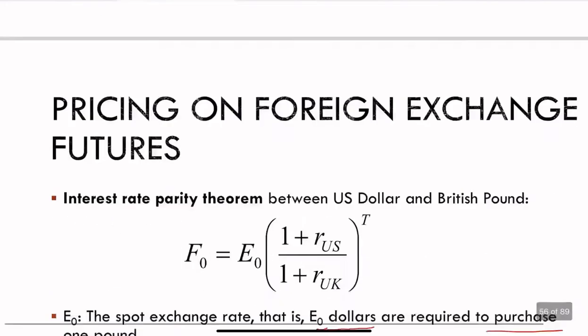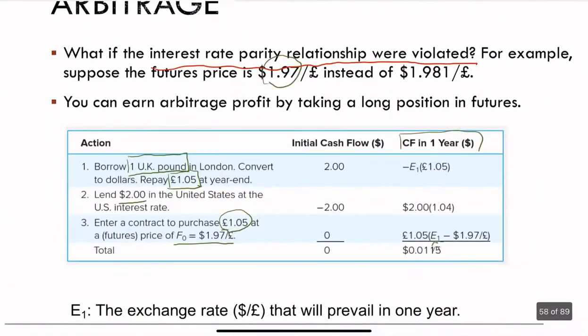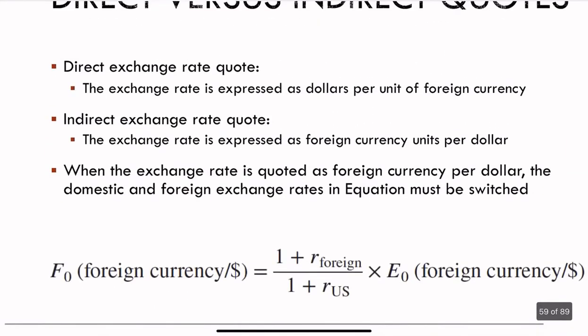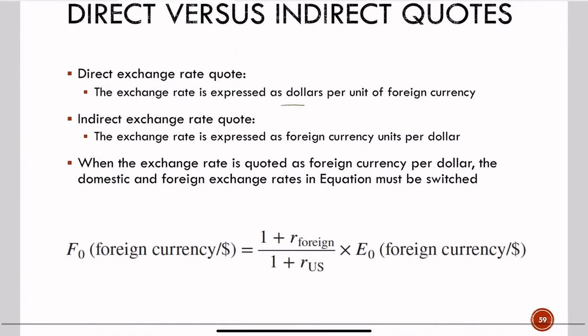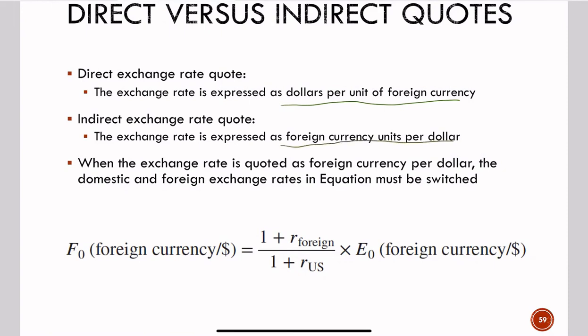So this is a direct quote, because the exchange rate is expressed as dollars per unit of foreign currency. If you have a direct quote, then you will have an indirect quote, which is foreign currency per dollar.